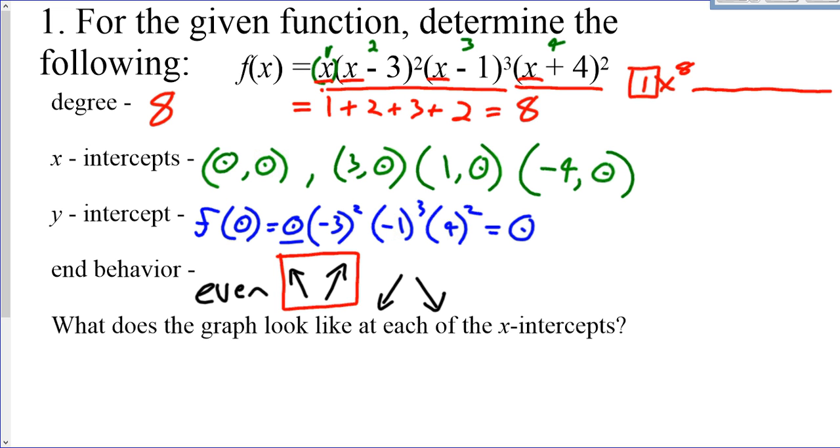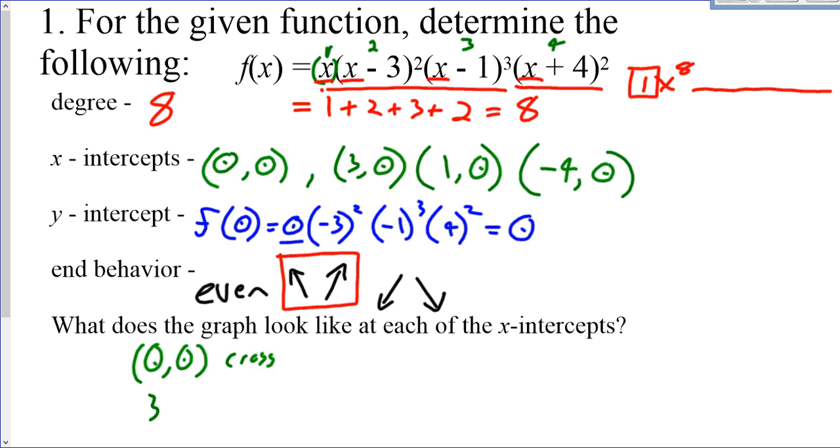So at each of the x-intercepts, that's one reason I numbered these. Let's call this one at 0. What's happening there? Well, the multiplicity is 1, so it's going to go through, or let's just say it crosses there at 0, 0.